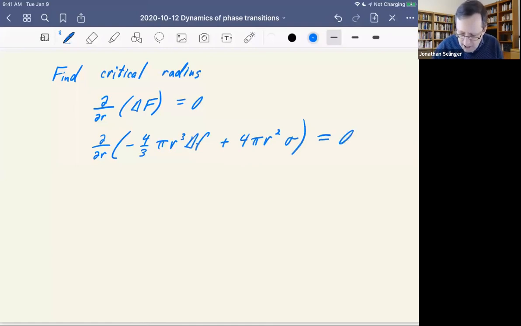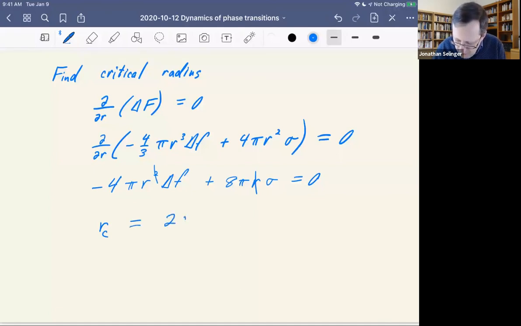This is just an ordinary calculus problem. So minus 4 pi r squared delta f plus 8 pi r sigma is equal to 0. And we can cancel one factor of r, and we get that the critical radius is equal to 2 sigma over delta f.